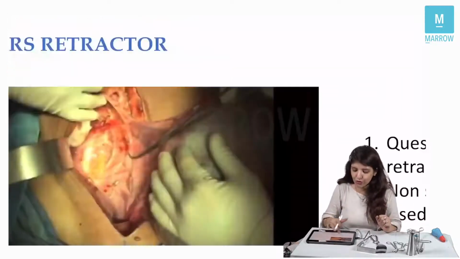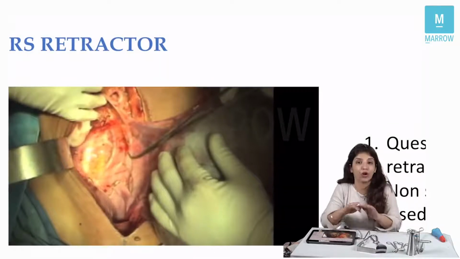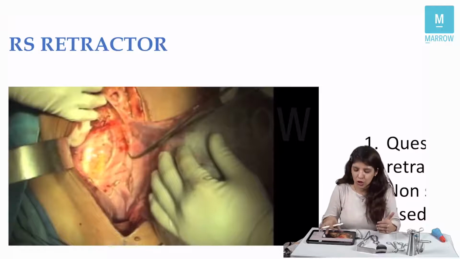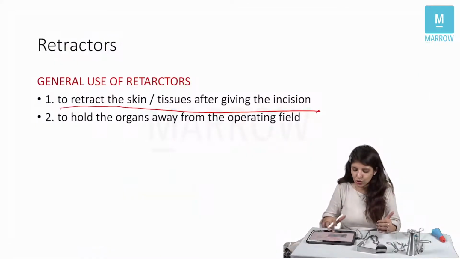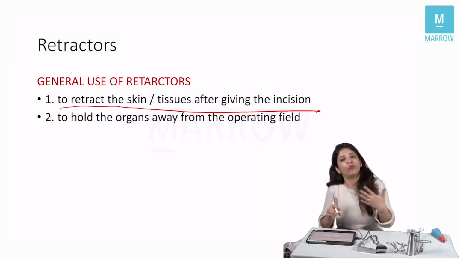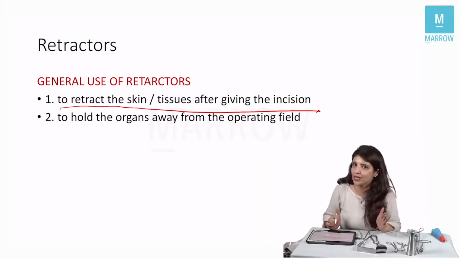Number 2 use of retractors could be when you want to retract the abdominal organs, right? And you want a clear operating field. So there are basically 2 uses of retractors, and for both these uses, we have different kinds of retractors, right?